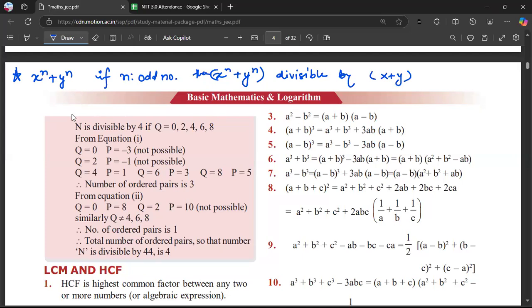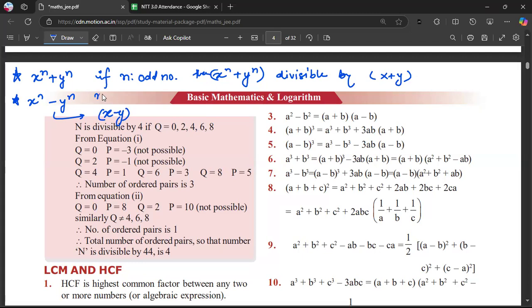And if x raised to power n minus y raised to power n is given like this, and n is any natural number, then it will for sure be divisible by x minus y.